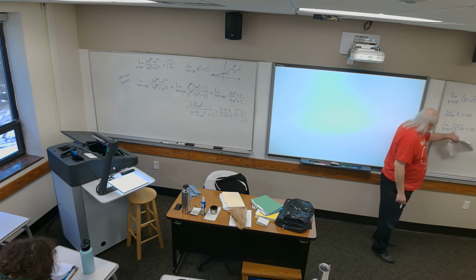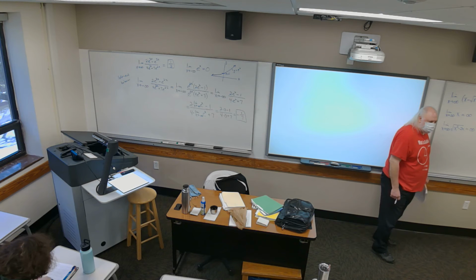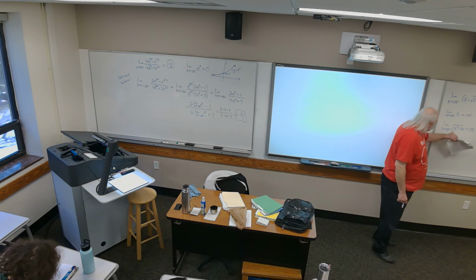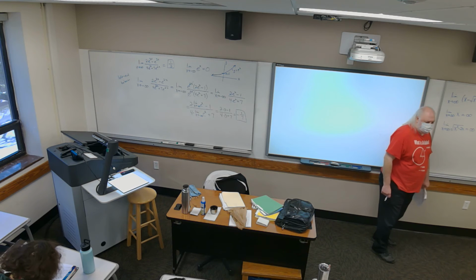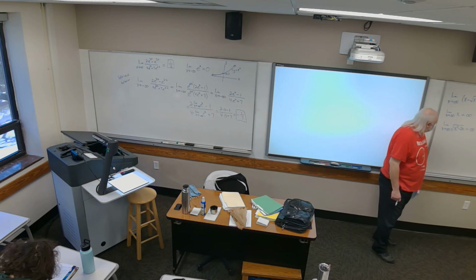When you bring the limit sign under the radical, this is a polynomial of degree 2, and x squared is the leading term, so the limit as x increases without bound of x squared is increasing without bound.